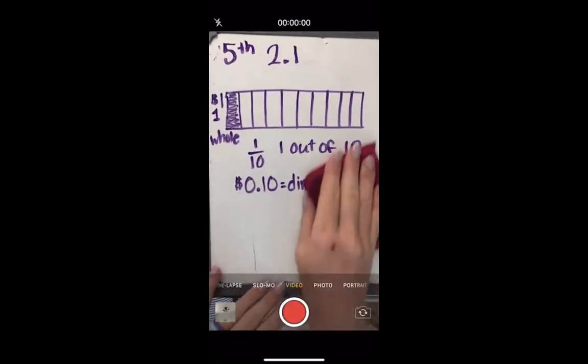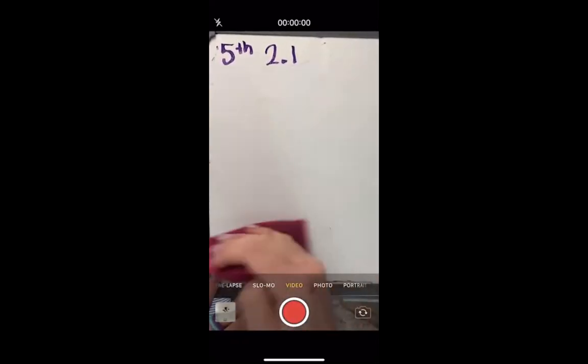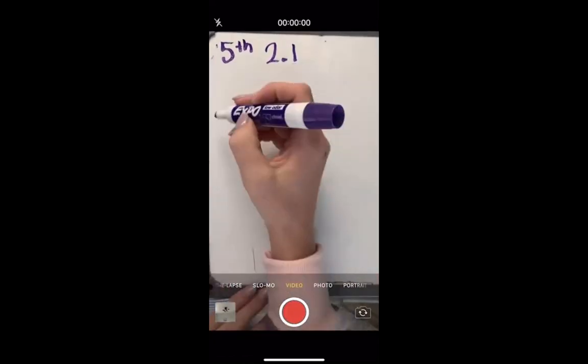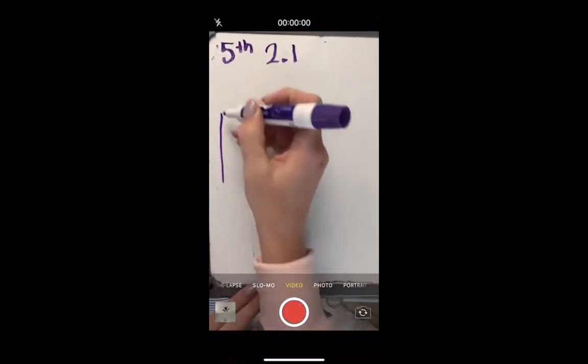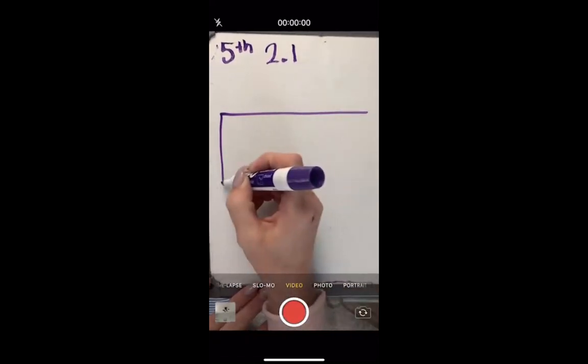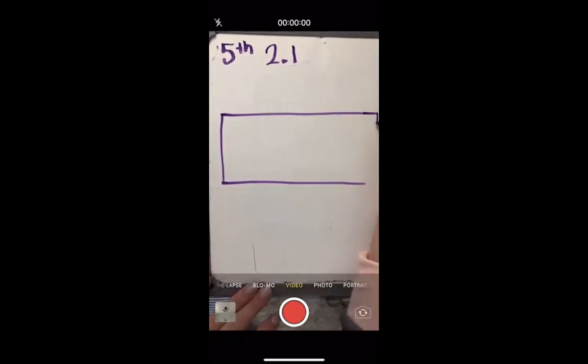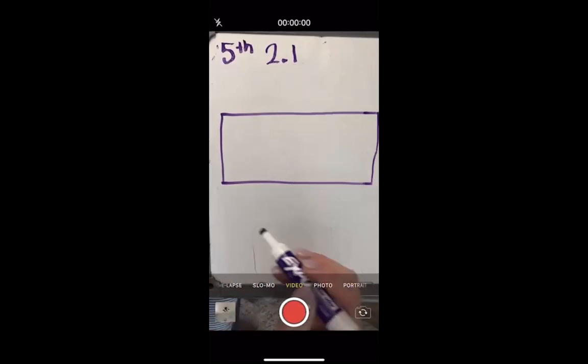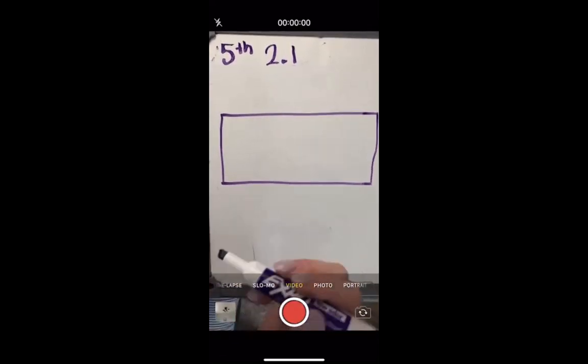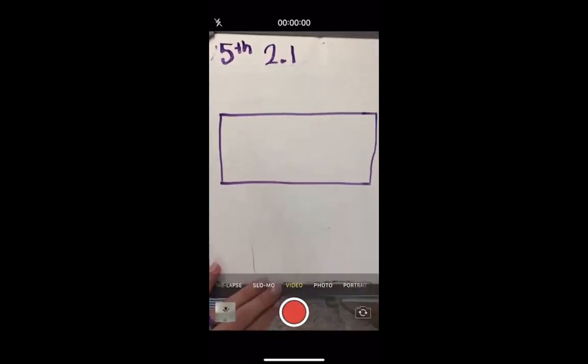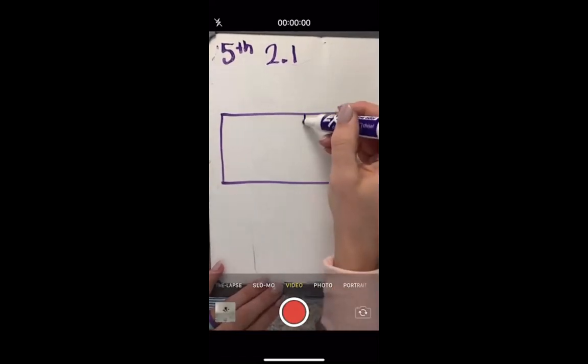So what I'm going to do, I'm going to erase this here for you. I am going to draw this. If you want to draw this with me, that's fine, but it's going to be kind of a lot of work. So I feel like drawing 100 pieces would be really difficult to do. So what I'm going to do here is I'm going to split this up.